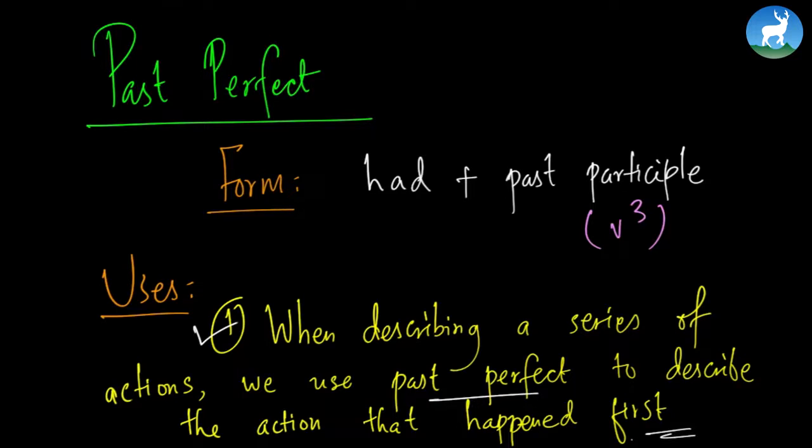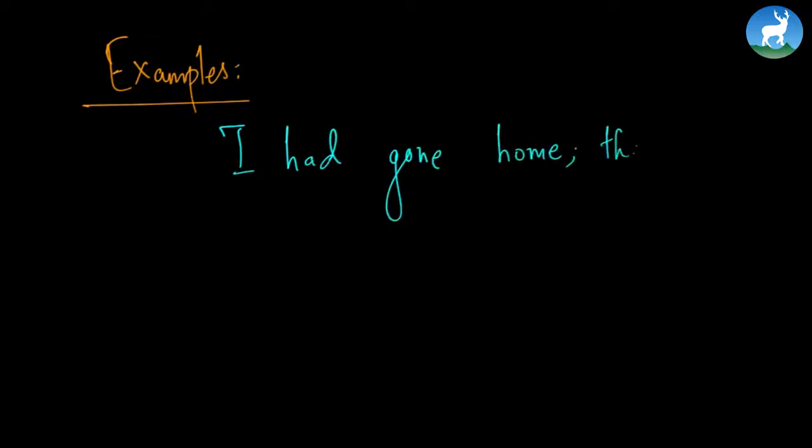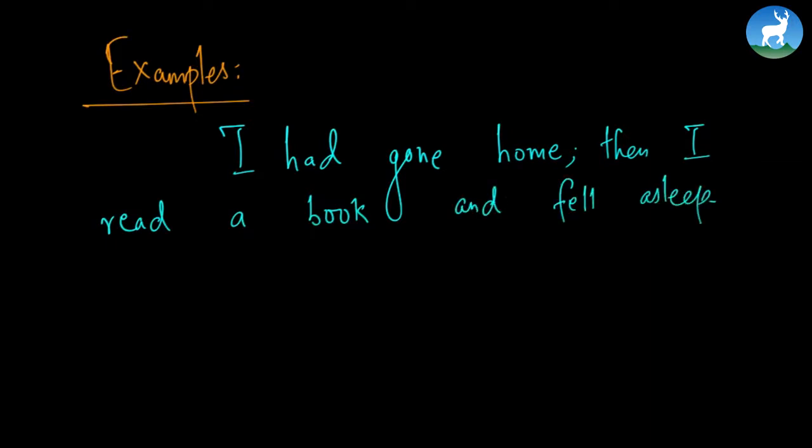So something that happened first should be described by using a past perfect tense. Let me give you an example, or maybe a few examples. I had gone home, then I read a book and fell asleep. This could be one example.